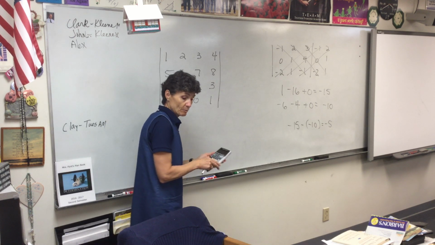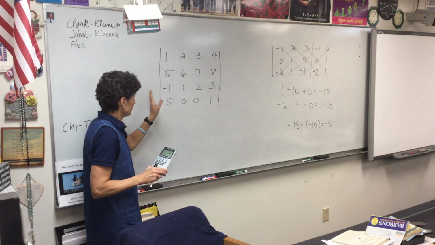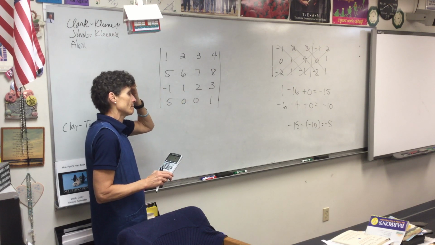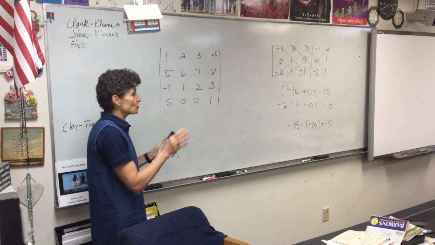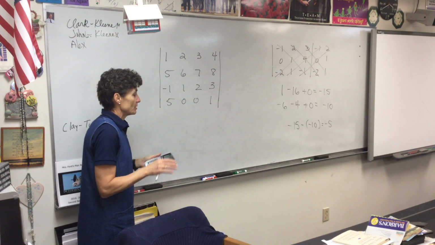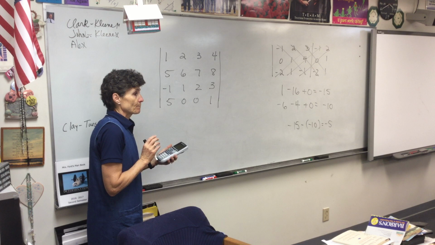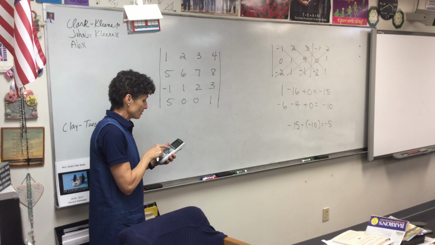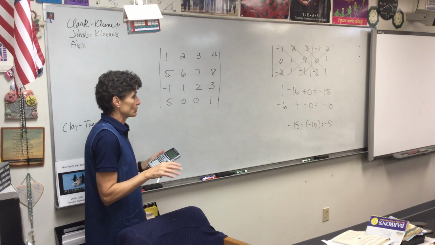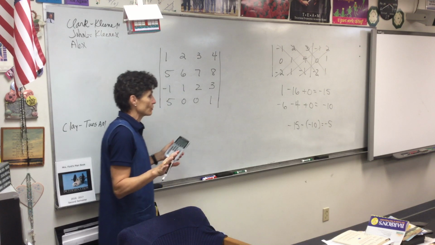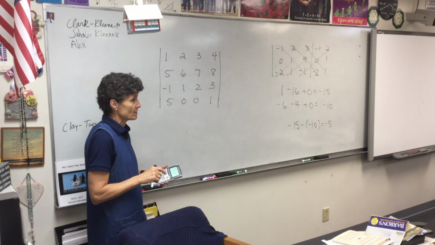If you told it was 4 by 4, it's going to give you places to put all those numbers. All right? As soon as you get them in, and you've pressed enter, so the last number is in there, and you press enter, then I want you to go and second quit. Just exit out. So go back to your home screen. Get out of the matrix menu.